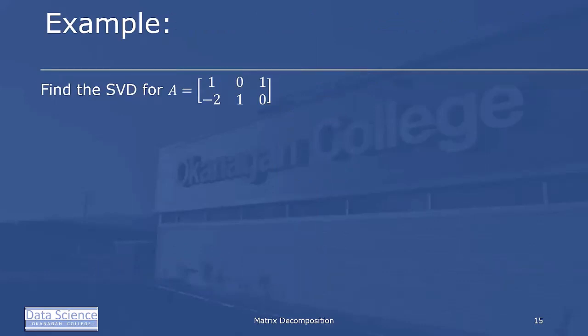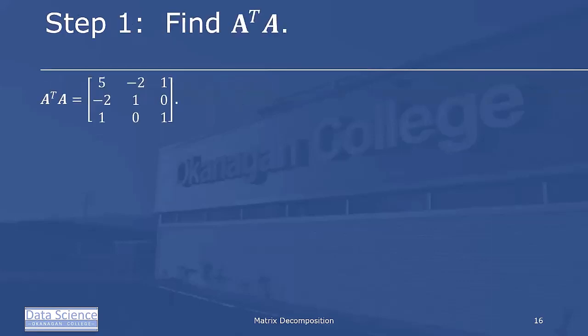In our next example, we're going to find a singular value decomposition for matrix A, which is 1, negative 2, 0, 1, 1, 0. Again, we compute A transpose A. In this case, it's 5, negative 2, 1, negative 2, 1, 0, 1, 0, 1.